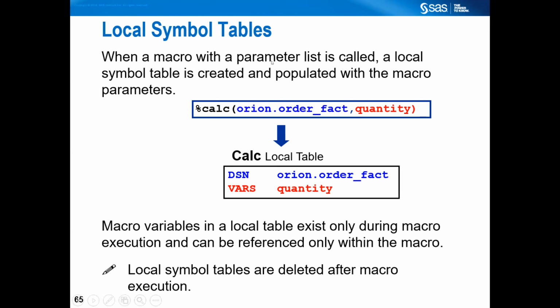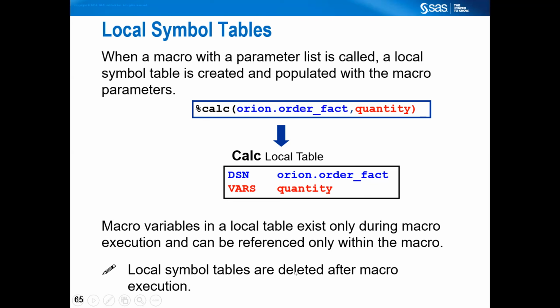So when a macro with a parameter list is called, a local symbol table is created and populated with your macro parameters. A macro variable in a local table exists only during macro execution and can be referenced only within the macro.